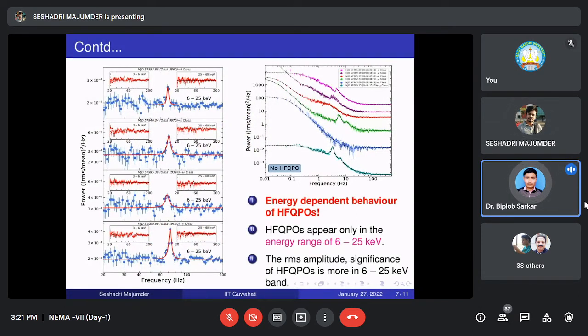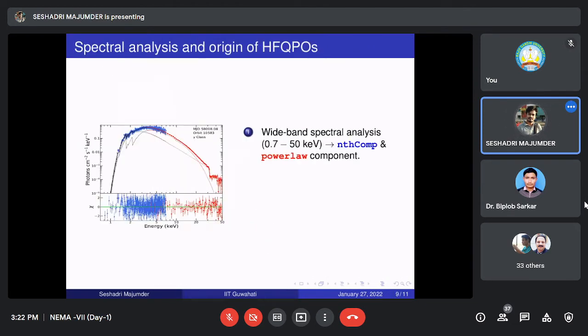What do you think is the reason for not finding QPOs in the greater than 25 keV band? Is it due to the low flux of the LAXPC data? So in 25 to 60 keV, you are saying? Yes. Actually, this quantization component dominates up to 25 keV. If you see the energy spectrum, you can see that the quantization component is dominating up to 25 keV.